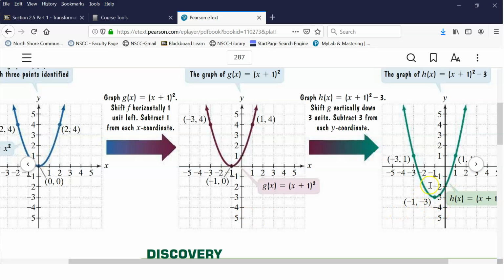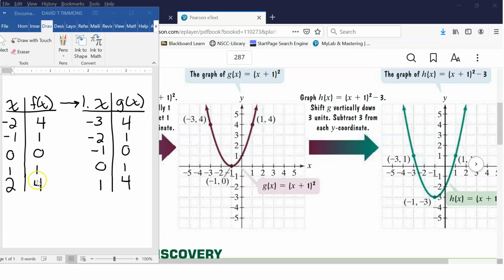Then there's that vertical shift. However, if you look at our table of coordinates, here's the first step, the horizontal shift. You'll see that some of the points we have in our table match with the graph that you see in the text. There's minus 3, 4, there's 1, 4, and there's minus 1, 0. We have all those coordinate points in our file.